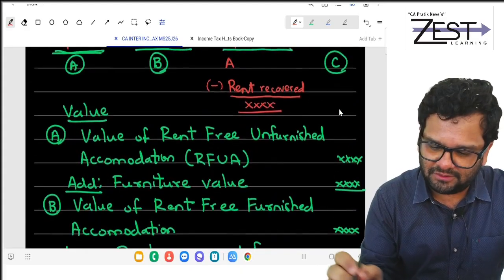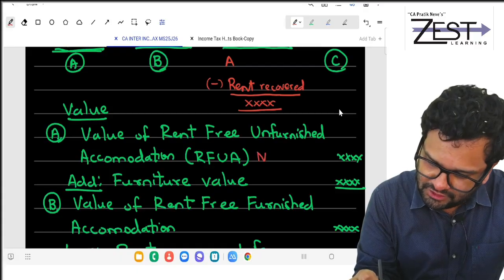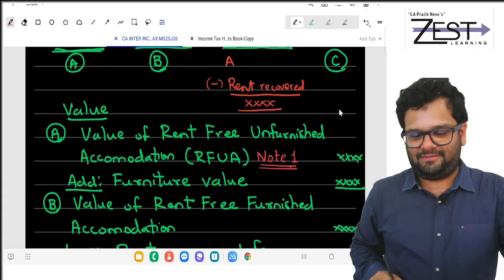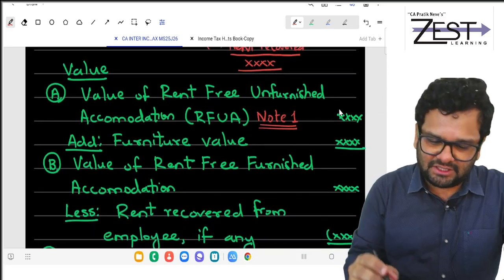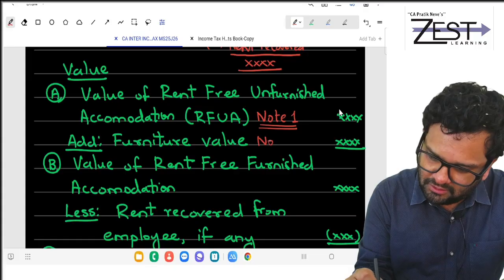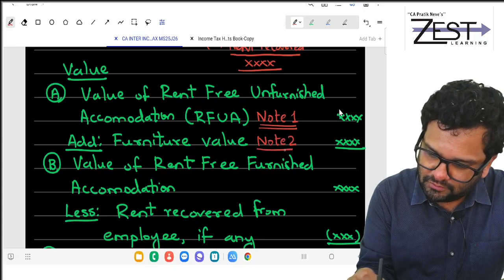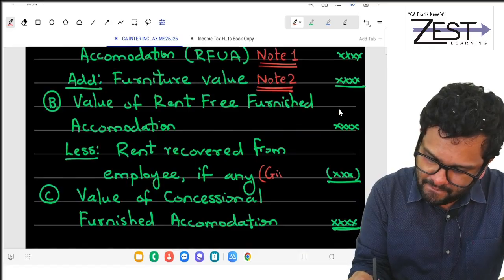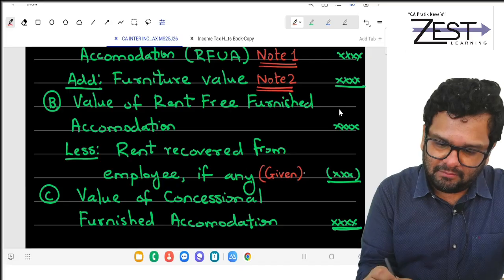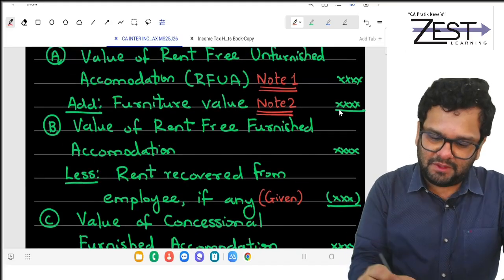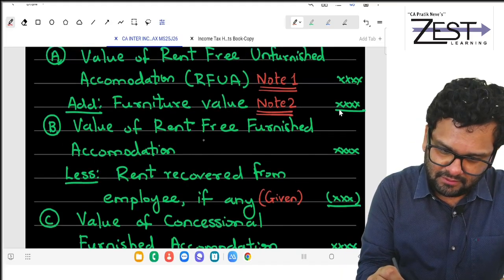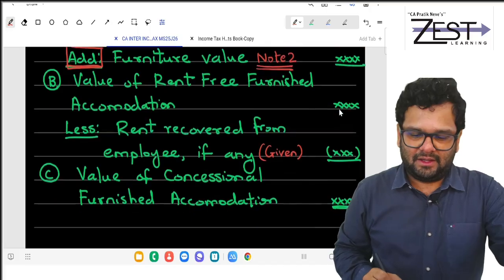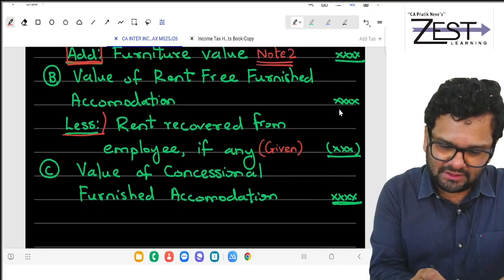So in short, this we will find by note number 1. Furniture's value we will find by note number 2. Rent recovered will be given. And this B point, you just have to add this. So there is no tension. And C point, you just have to deduct.